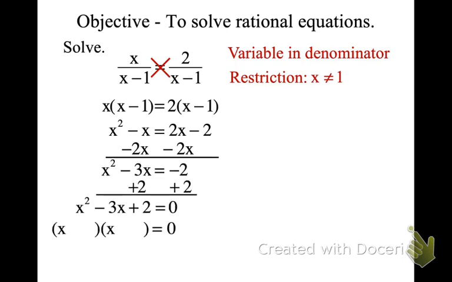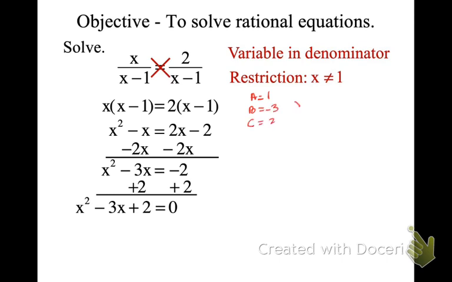And now we have a choice. Can we factor? We can do the quadratic formula. I'm going to do the quadratic formula really quick. A is 1, B is -3, and C is 2.